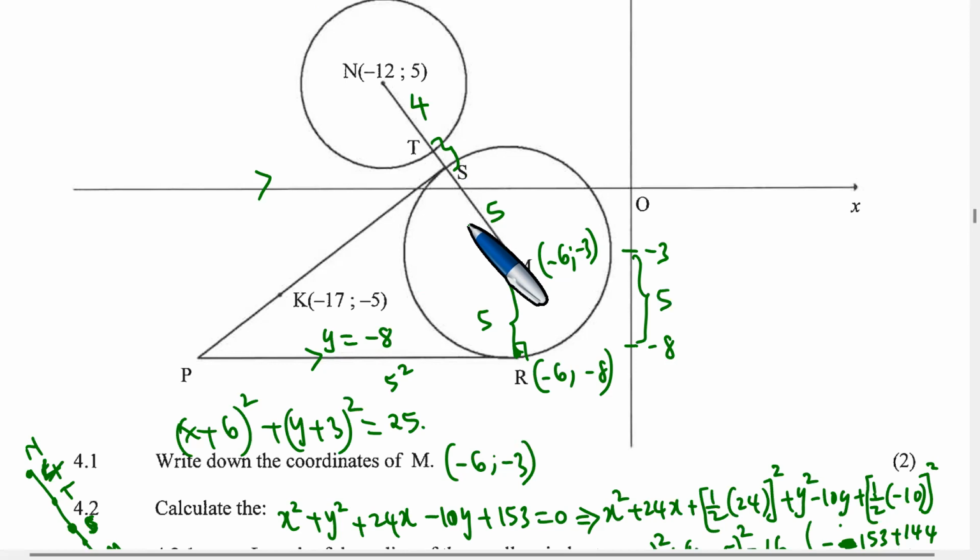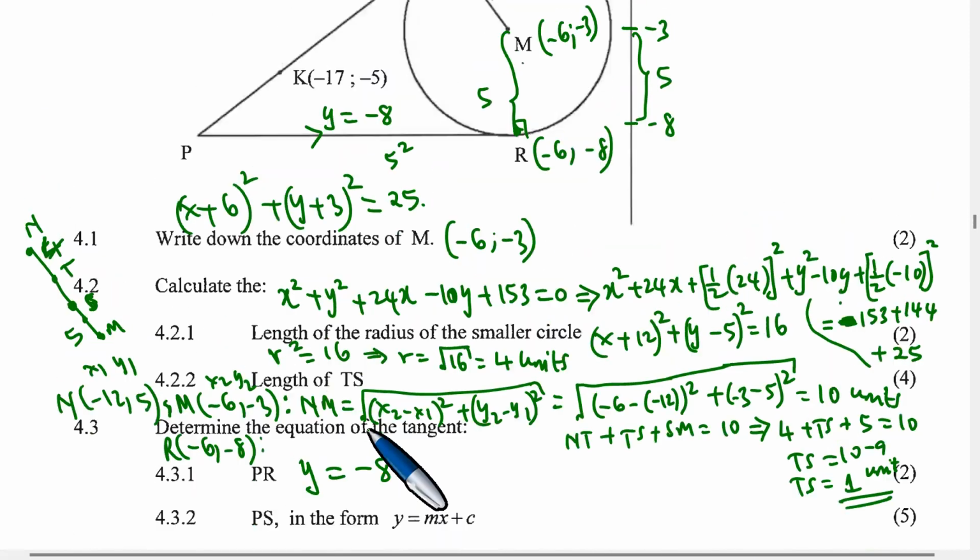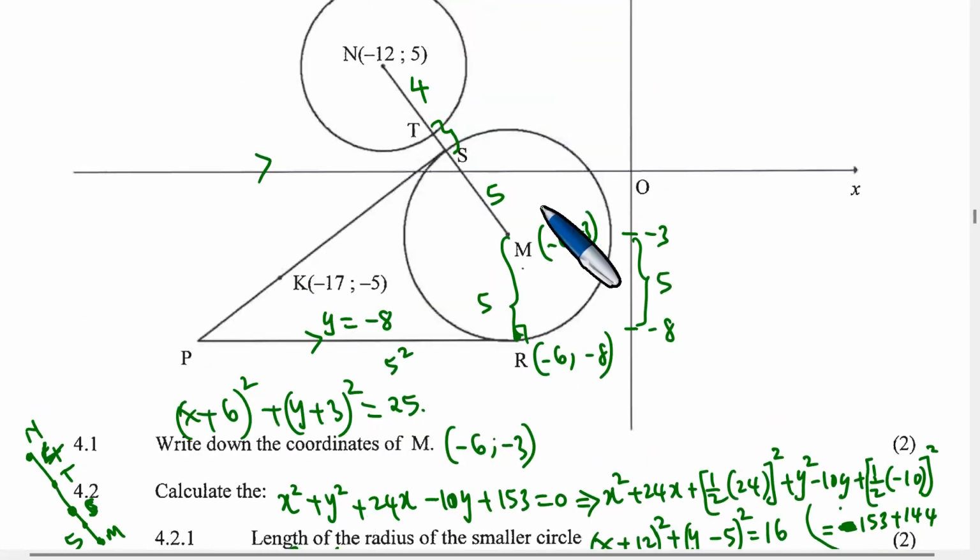So, which means that the equation of the tangent PS, let's find that one in four points. Right, so to find that one, we need to find the gradient first. The gradient of PS.